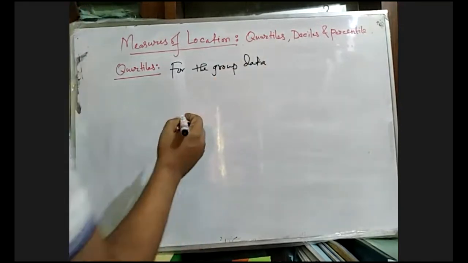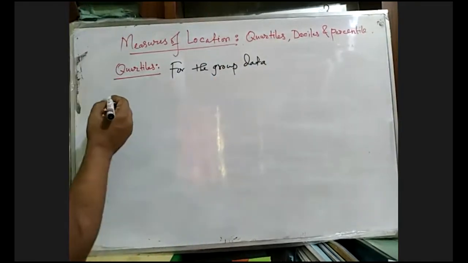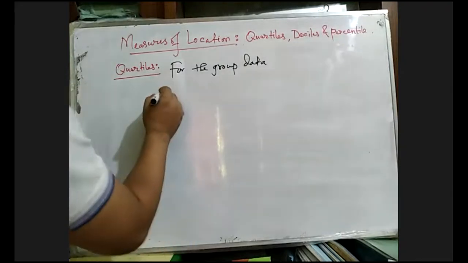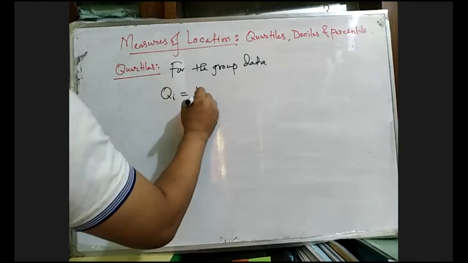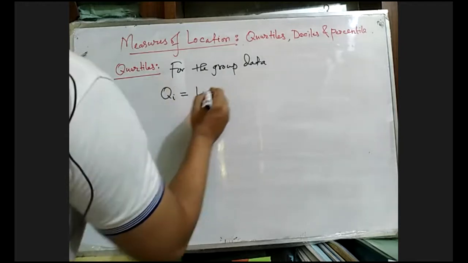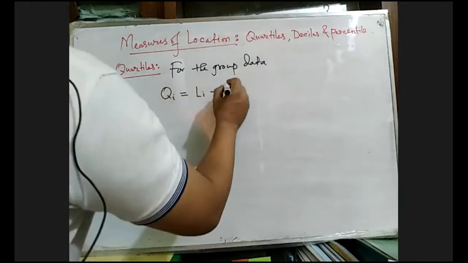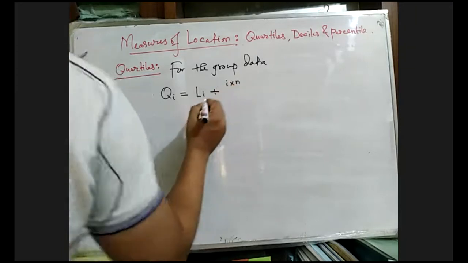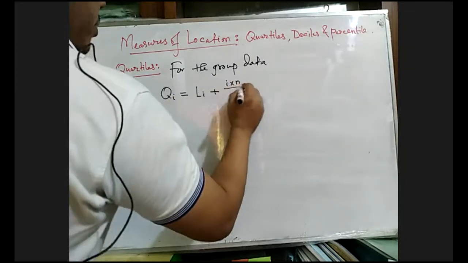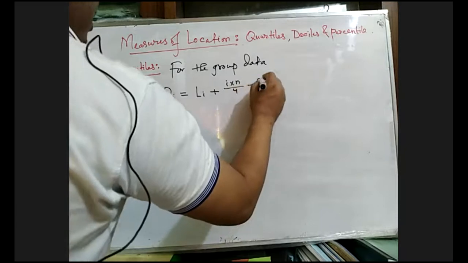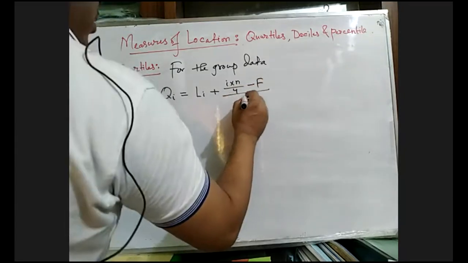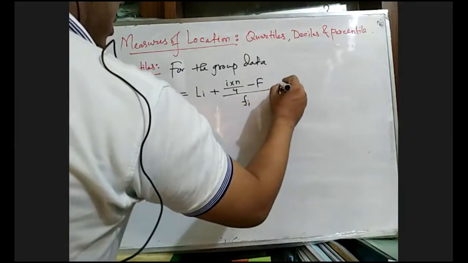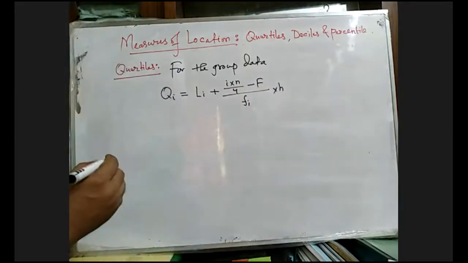For the group data, quartile can be measured by Qi equals Li plus i multiplied by n divided by 4 minus f, divided by small fi, multiplied by h. h is the length of the class interval.